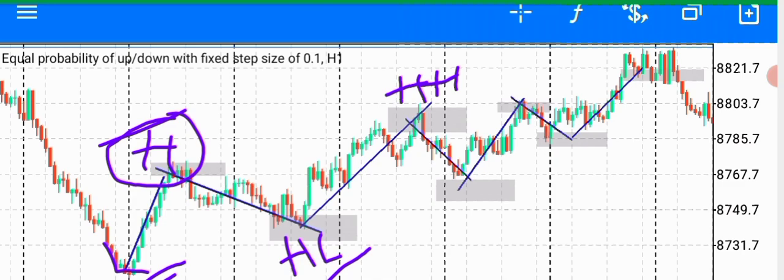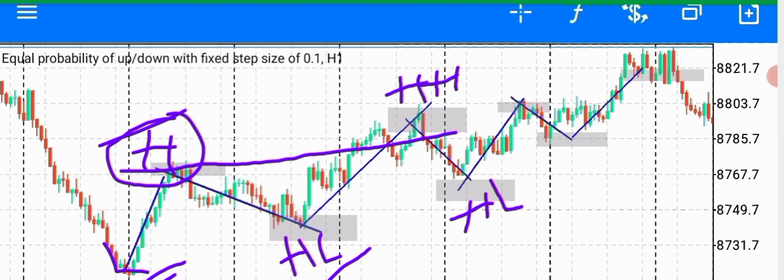For this high to be valid, it should be able to sweep the high of the previous one. If you look at it carefully, you will see that this move up from this higher low was able to break the previous high. From there the market will pull back to form another higher low.